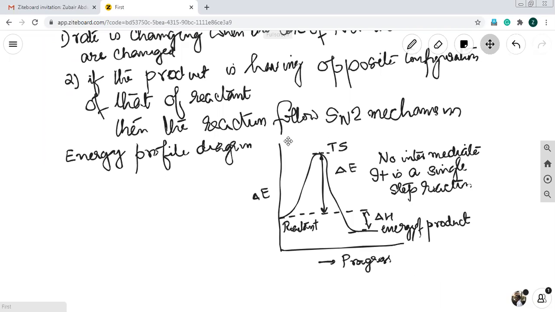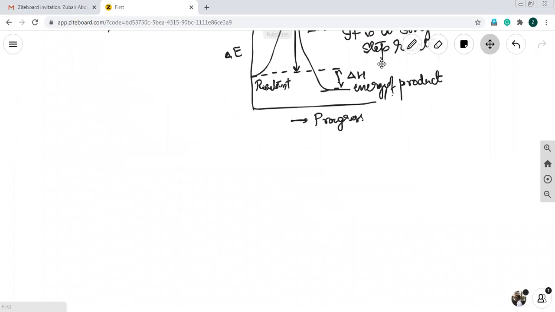One second, let me take the board up. Factors that affect SN2 reaction. We will consider the case of substrates.